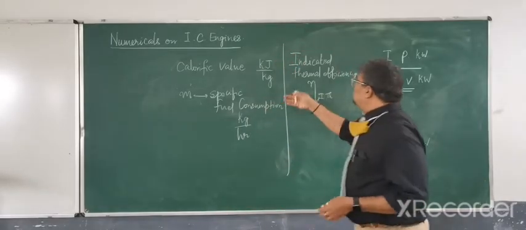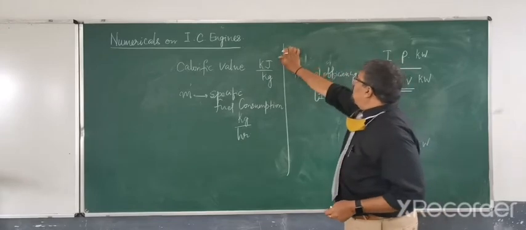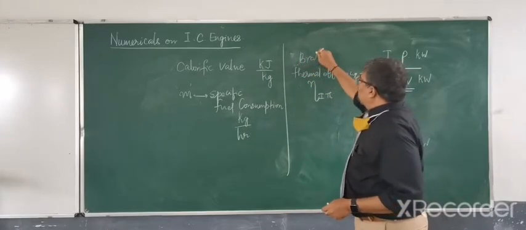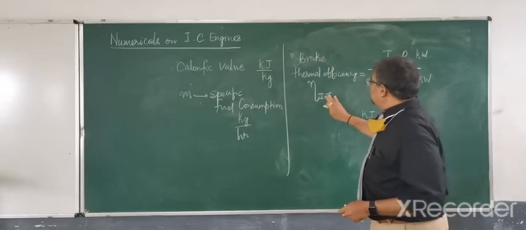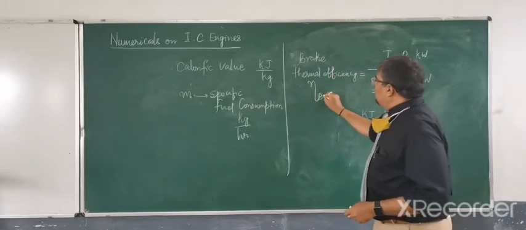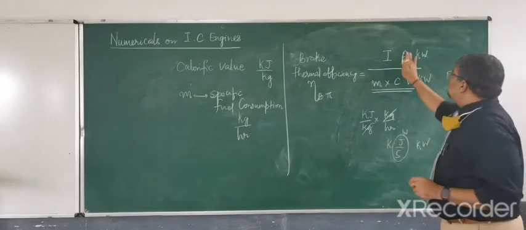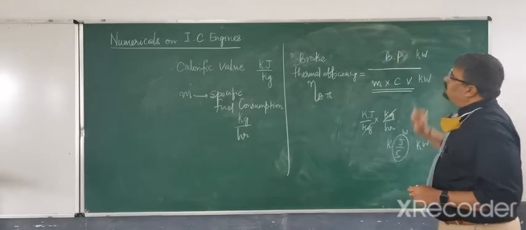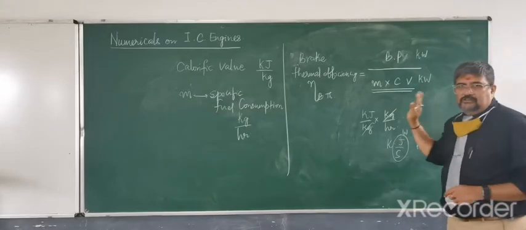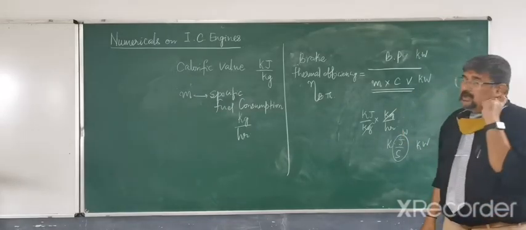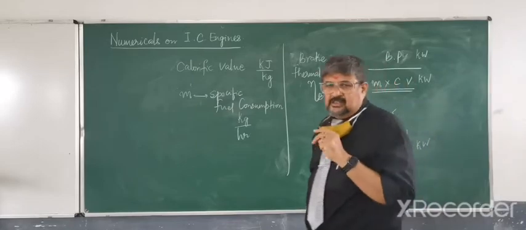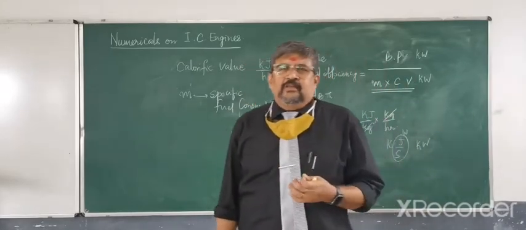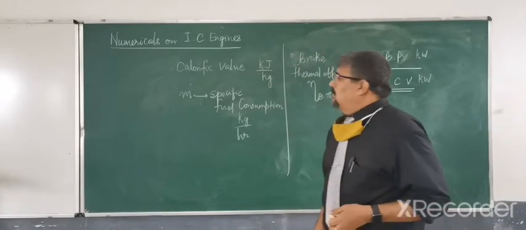Now on similar lines you can also talk about brake thermal efficiency. We talked about indicated thermal efficiency, and now here I write brake thermal efficiency. Everything remains the same; we simply write this as BP divided by M into CV. This is again very interesting, and sometimes there is a twist given in the problem.